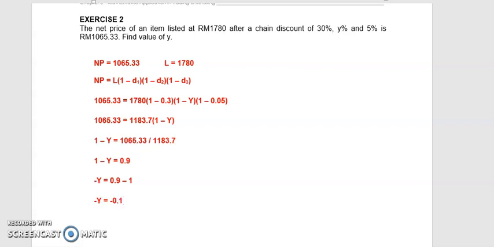So negative, positive, so y equal to 0.1. Normally rate we express in percentage, so multiply by 100. So 0.1 multiplied by 100 we get 10%. So the answer for second discount is actually 10%.